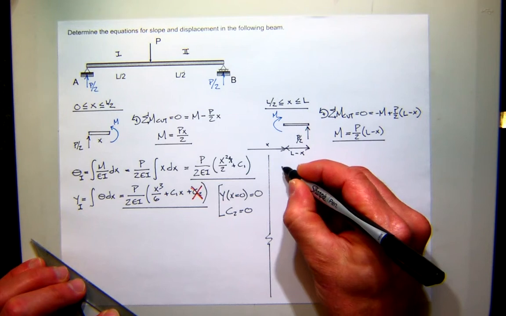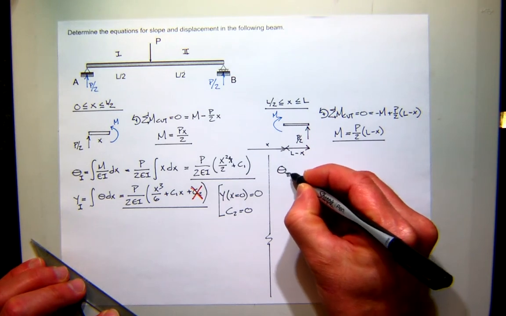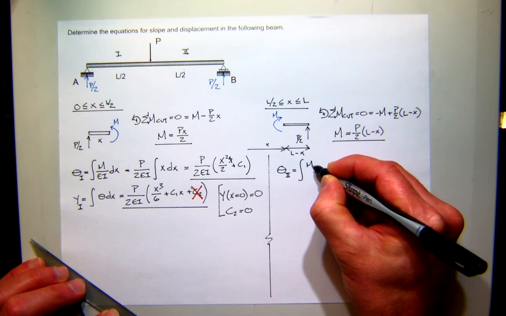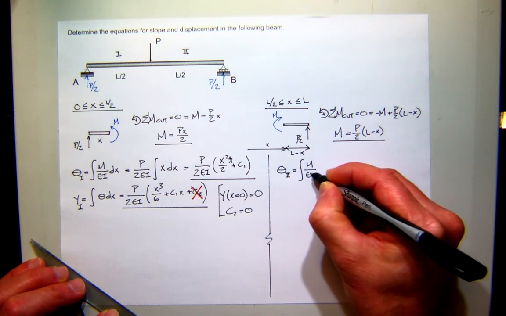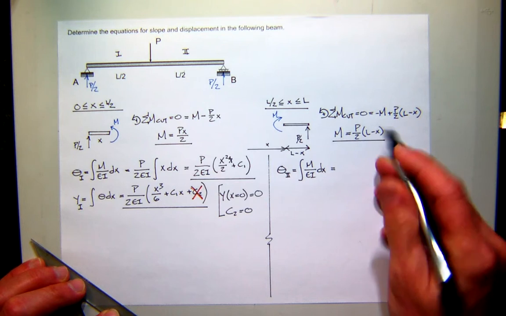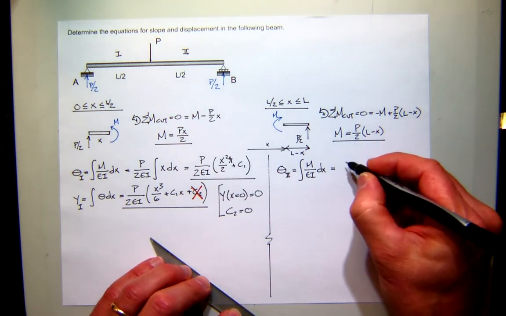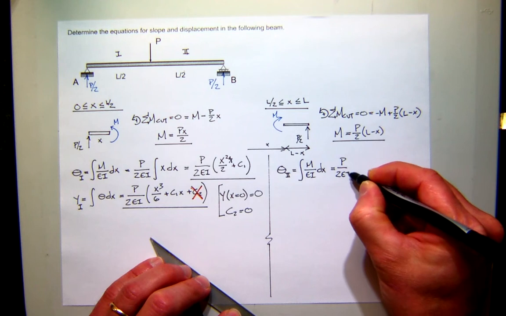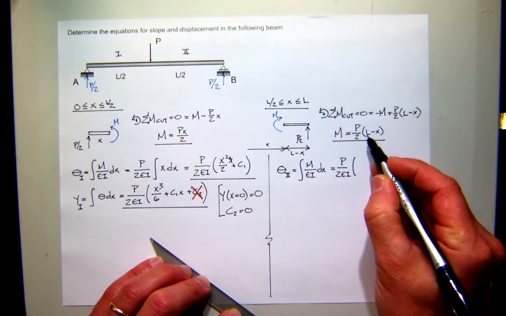So now my slope in section 2 is going to be the integral of the moment in that section divided by EI, which in our case, here's the moment in 2. So again, it looks like we're going to have P over 2EI as a constant. And I have the integral of this.